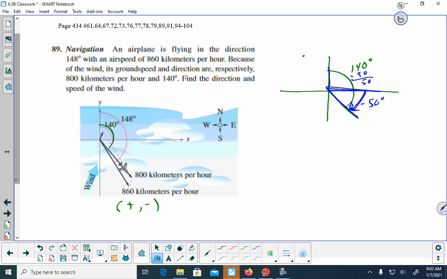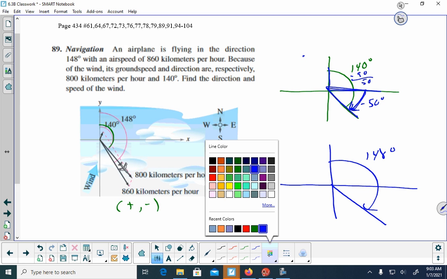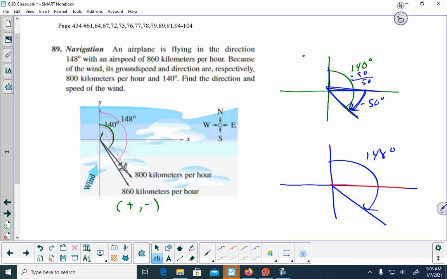Then for the 148, which is the speed of the airplane. The speed of the airplane is 148 degrees, so I'm going to draw the same shape over here, but this is now 148 degrees. And I need to find my trig angle, so I need to find my reference angle. And so I need to find this angle right here. So it should make sense to you that this here is 90 degrees.